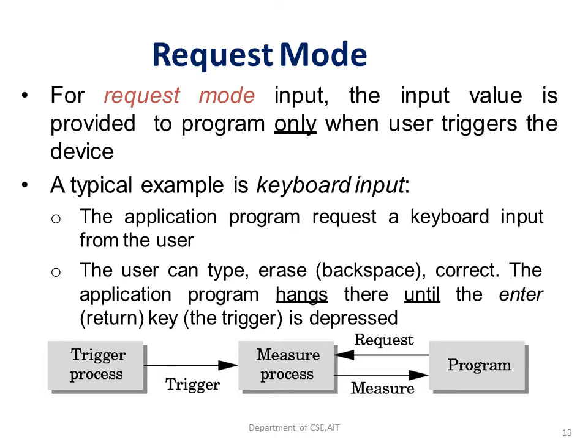Here we have a series of requests and measures, but they come only after the trigger. Only when there is a key press do we go for what has to be taken as input. This will be in a continuous loop until the input is given to the program.